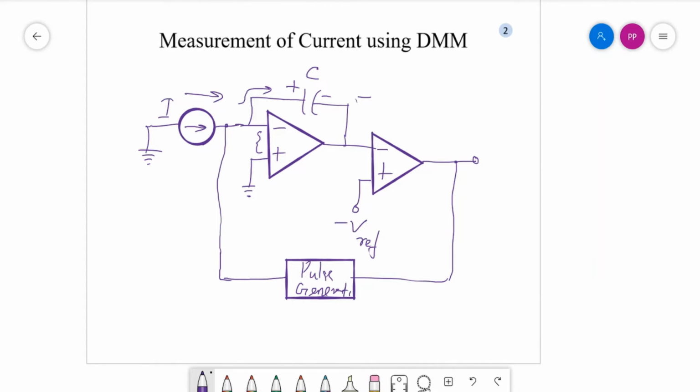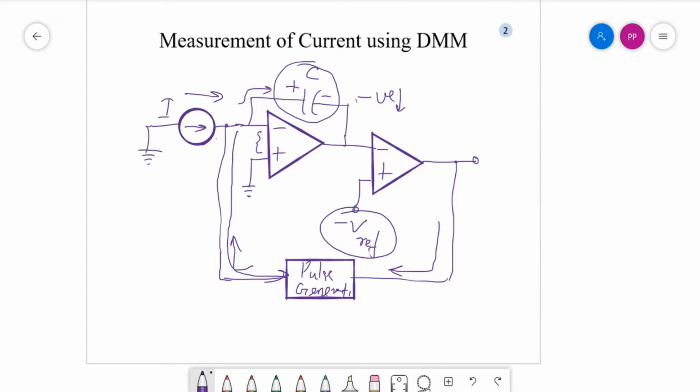This negative voltage reaches beyond a limit where it crosses the minus Vref voltage. In that situation, the comparator output will observe a change of polarity in the negative direction. This change of polarity will trigger the pulse generator, which will send a train of signals that can ground the charge over this capacitor. So this will provide a grounding circuit in that case, like this.